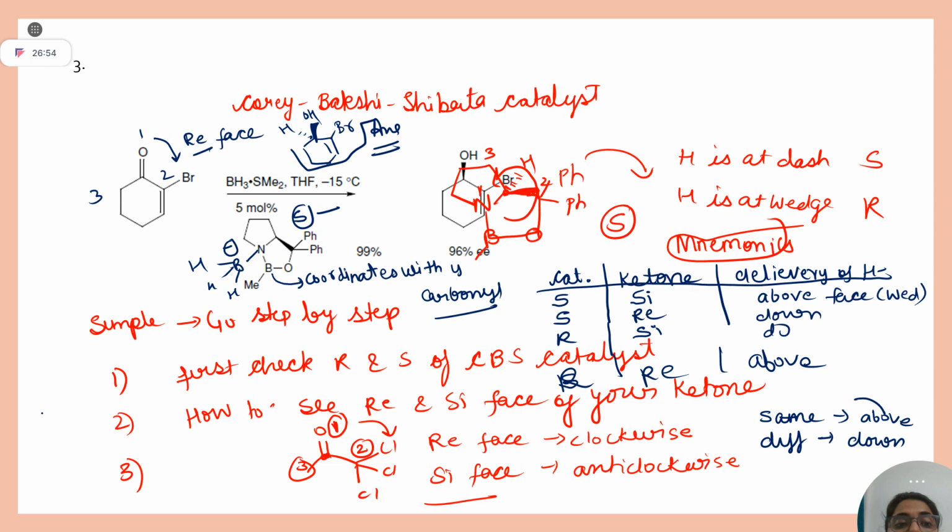This is your borane-based reducing reagent, which is used for conversion of ketones to chiral alcohols. See, 96% EE.